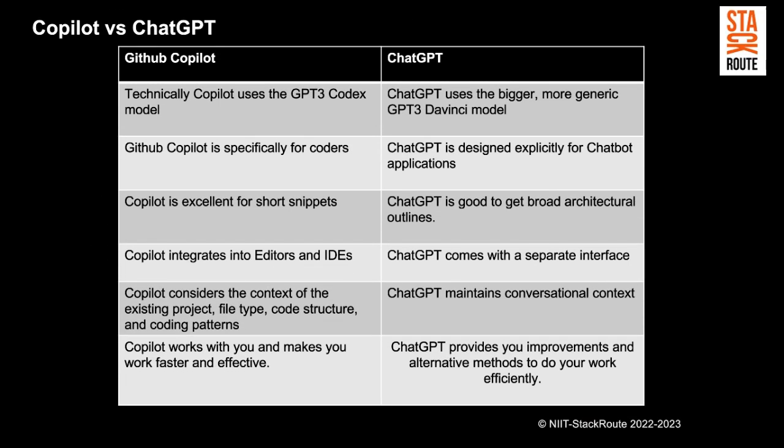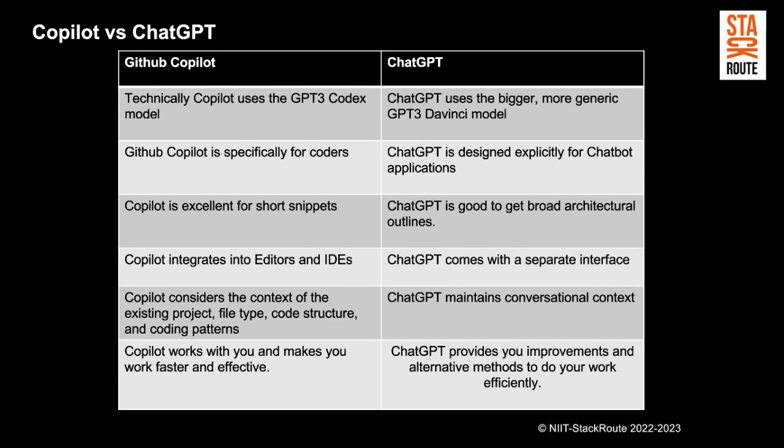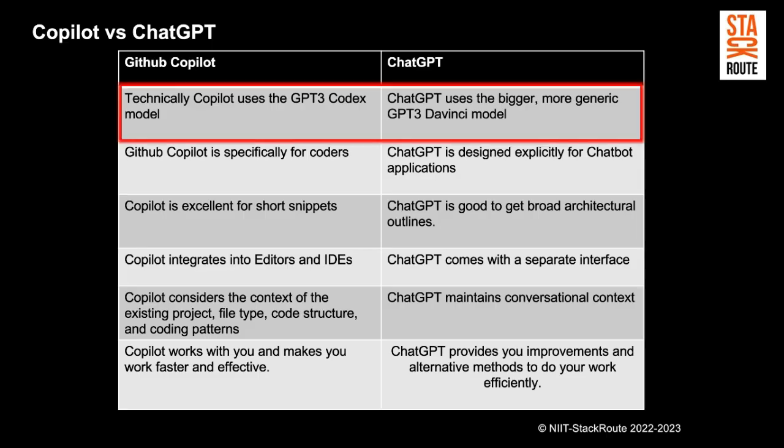Now, the main slide which says Copilot versus ChatGPT. In the introductory video, we introduced you to the two tools. One is GitHub Copilot, the other one is ChatGPT. If we have to list down the major differences, here are a few of them. First, it technically uses the GPT-3 Codex model.